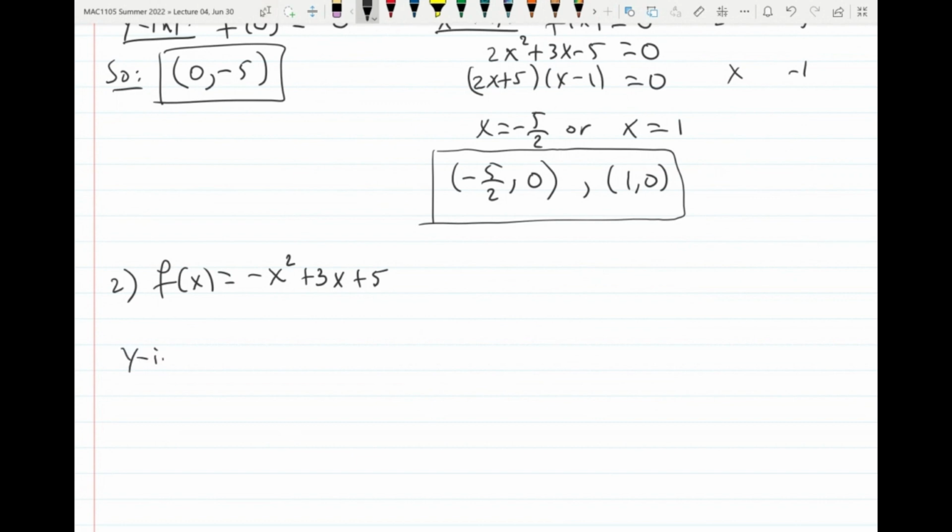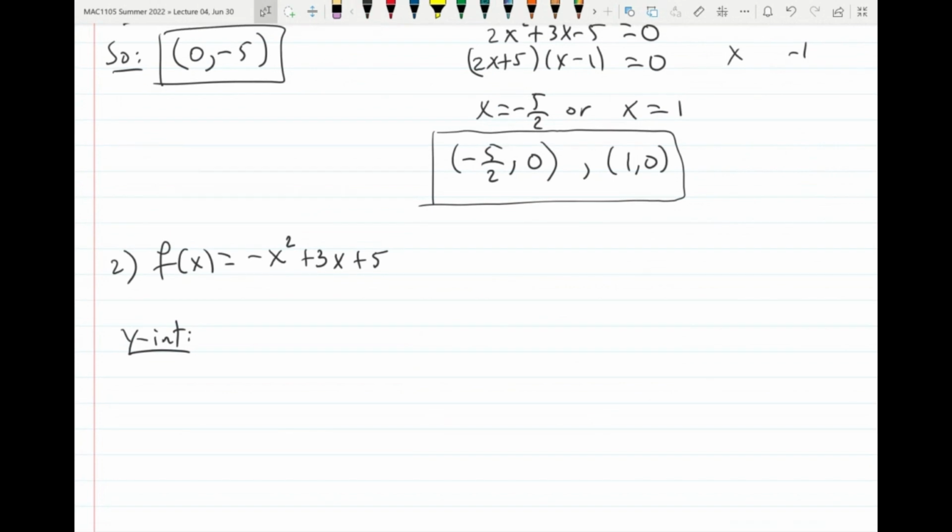What's the y-intercept? So 0, 5. Man, 5 is a number. It's not a point, right? So f of 0 equals 5. That's a point 0, 5. Good.